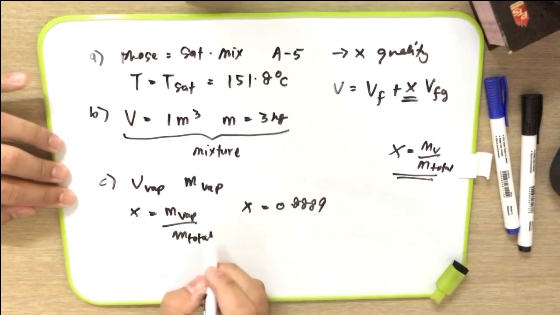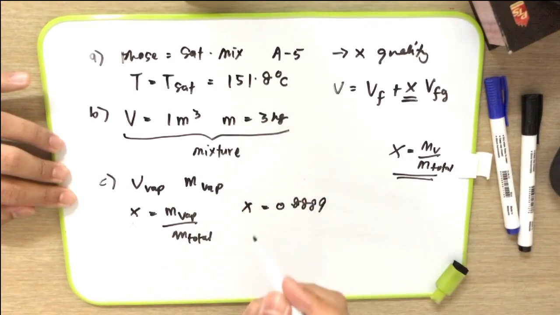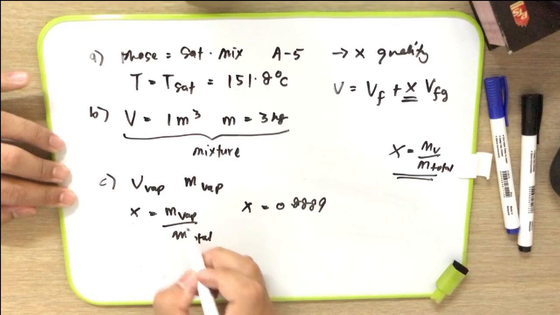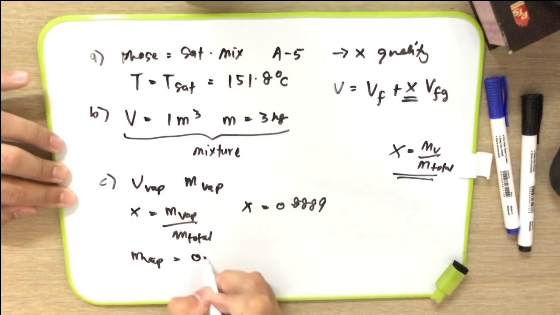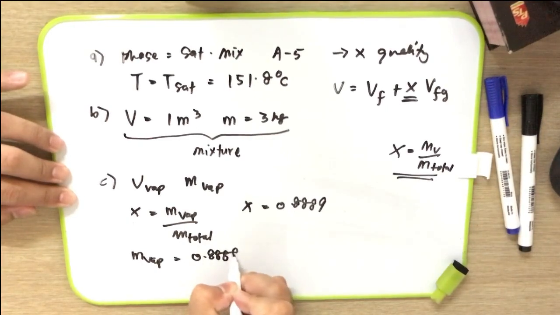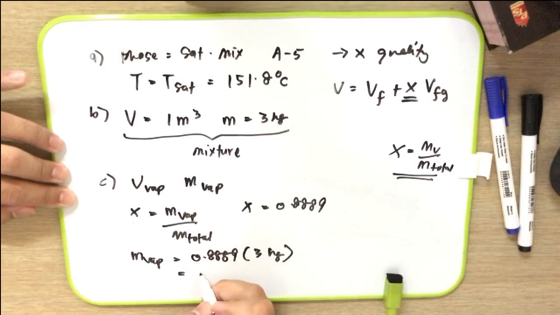So by using this X and also M total, which is 3 kg, we will get the M vapor. So M vapor is equal to 0.8889 multiplied with 3 kg. So we will get 2.667 kg.